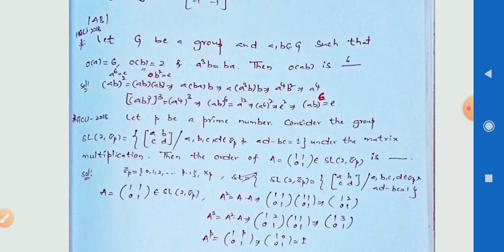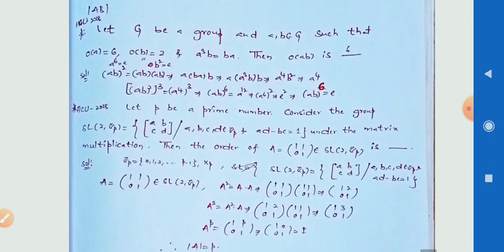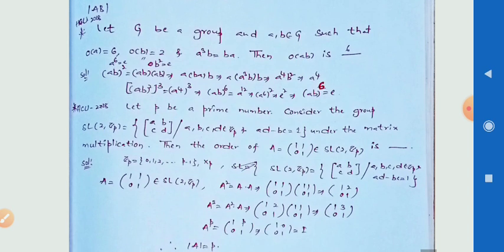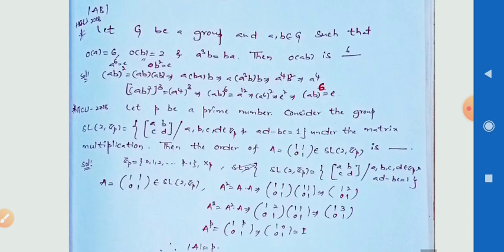That can also be written as a power 12. So (AB) power 6 is equal to a power 12. Now I am writing this a power 12 as a power 6 into a power 6.